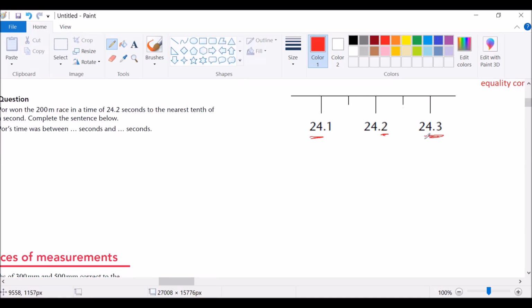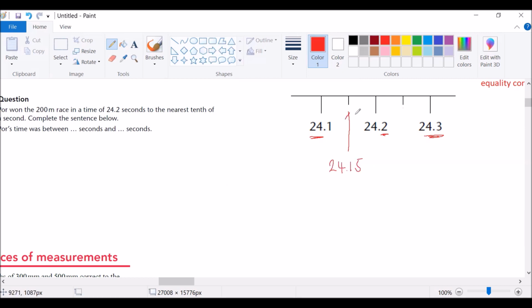So take note of the accuracy you are given. If it's to 1 decimal place, if it is to the nearest whole number, use that to position your values before and after. Now, if this is 24.1, halfway between 24.1 and 24.2 is 24.15.